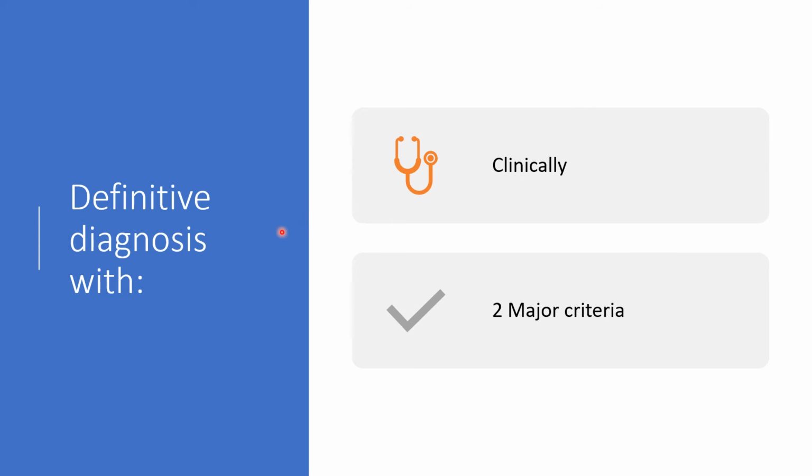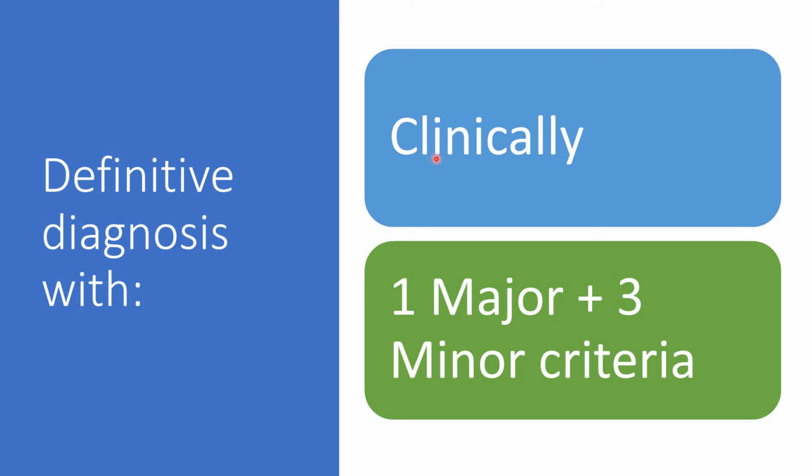Now, using modified Duke criteria, clinically you can say definitively that this is infective endocarditis when you're able to pick two major criteria. The major criteria will make use of the culture, microorganism, and echo. If you're unable to get two major criteria, but you have one major criterion with three minor criteria, you can make a definitive diagnosis of infective endocarditis.